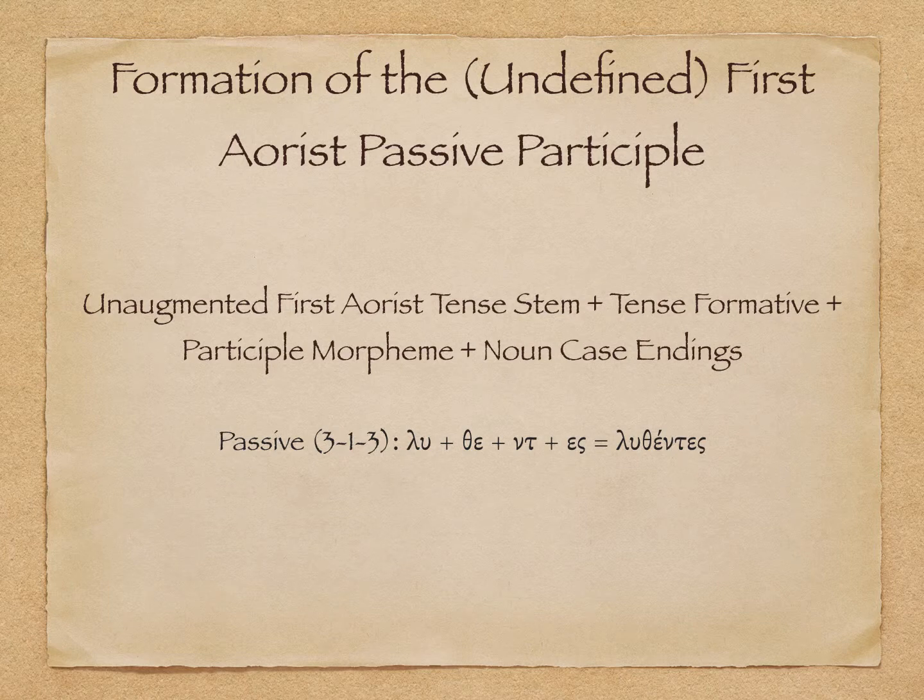They are hooks by which we can grab that word and parse it. And so we have sigma alpha in the first aorist tense formative, and then in the passive, theta eta for verbs and theta epsilon for participles. And then the nu tau in the active, and meno in the middle, and again passive nu tau.